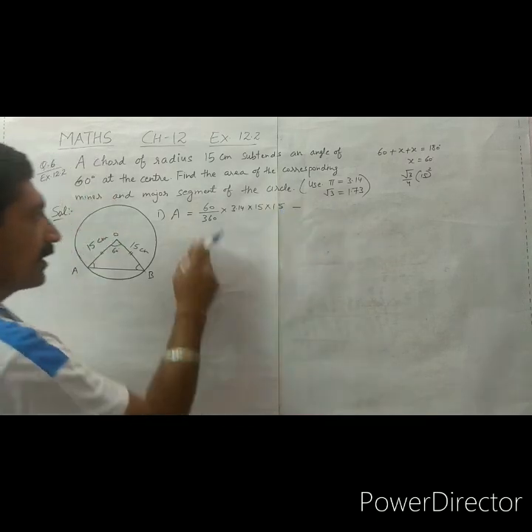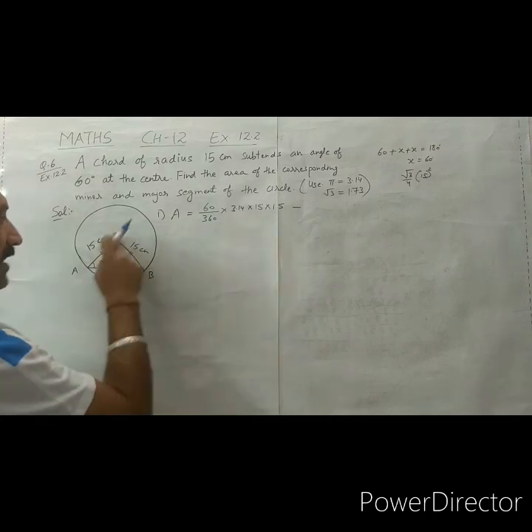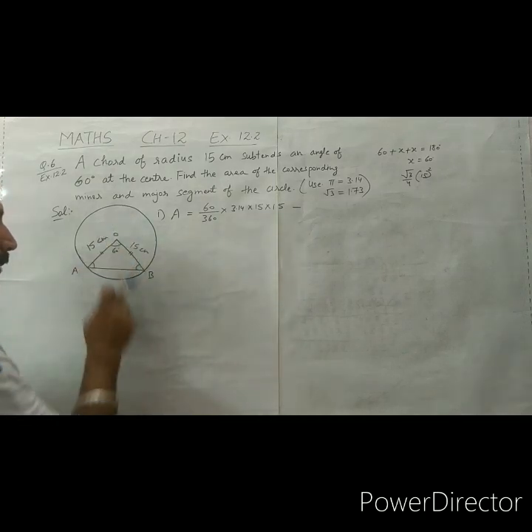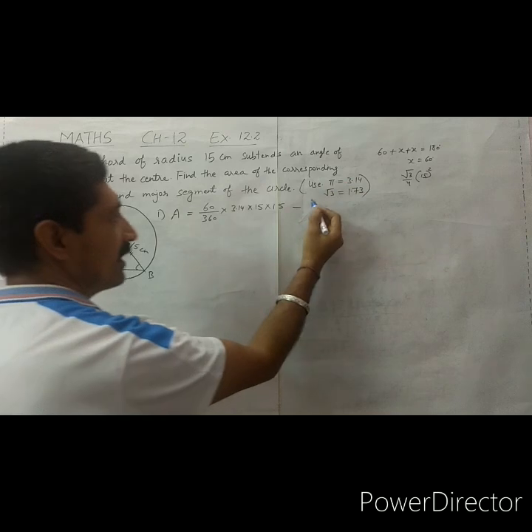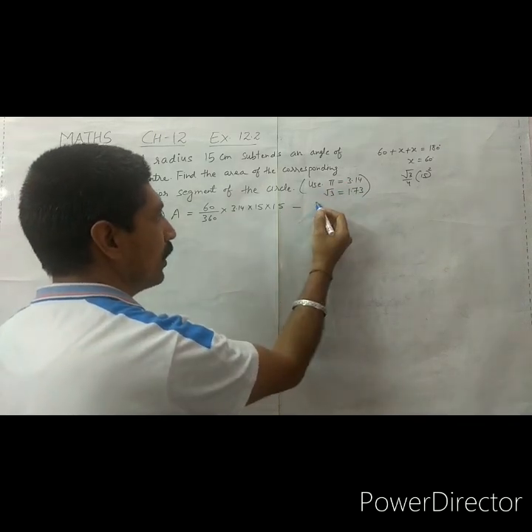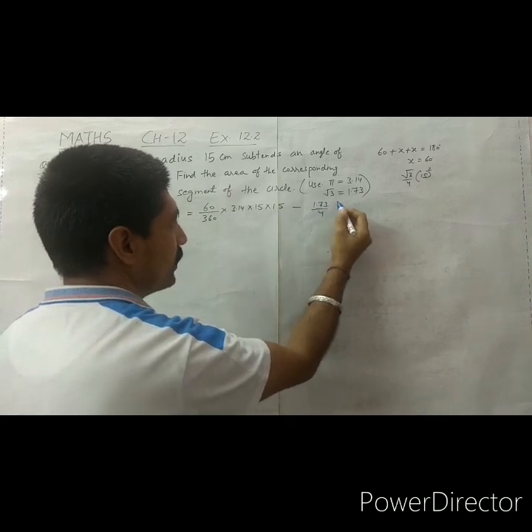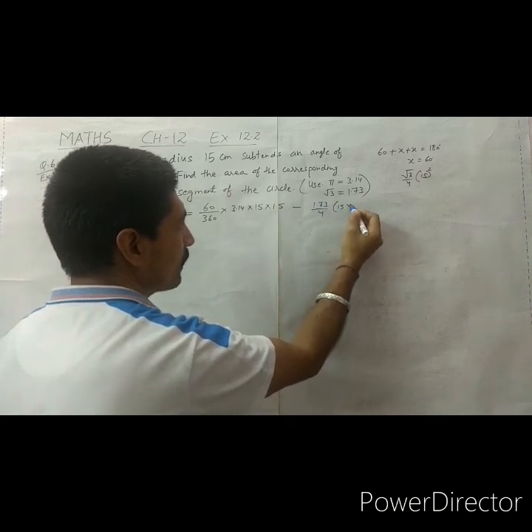Area of triangle is root 3 upon 4, put the value of root 3 as 1.73, into 15 into 15.